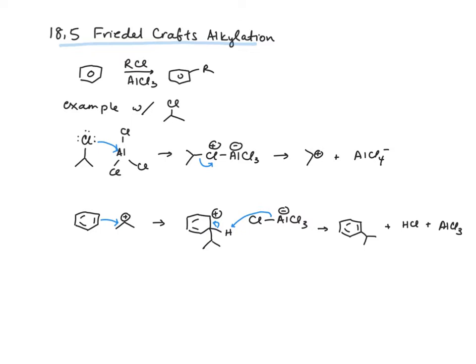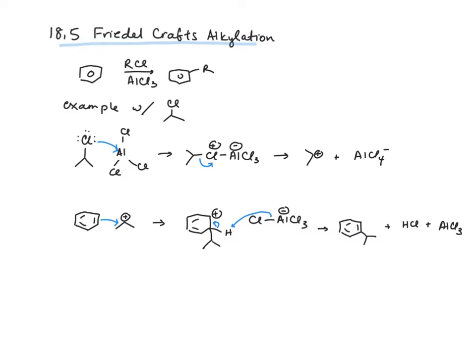Let's look at an example with 2-chloropropane. In the first case, what happens is an acid-base reaction to form this Lewis acid-base adduct. Then the chlorine departs to form a secondary carbocation and aluminum tetrachloride.